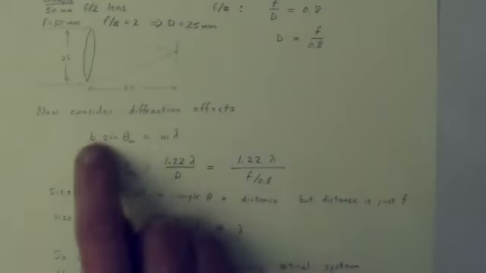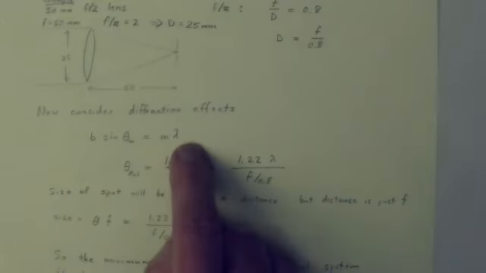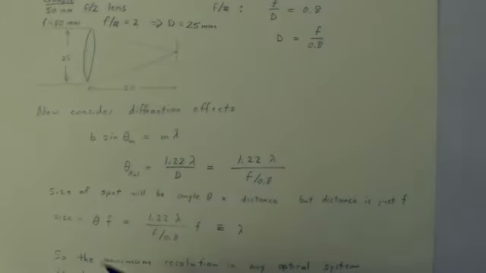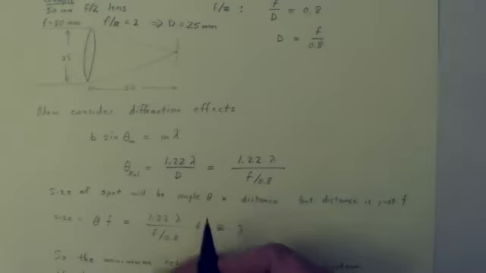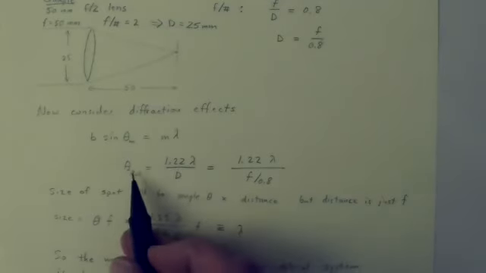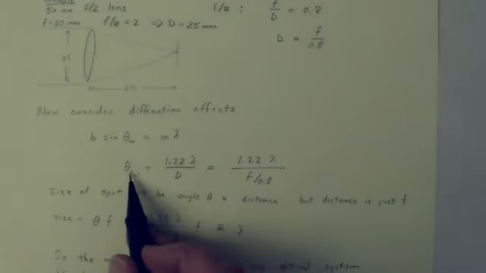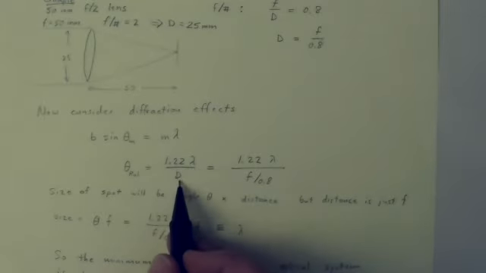So then, just looking at diffraction effects, the basic resolution formula, this is the Rayleigh criterion right here, is that the angle between 2 points that you can just barely resolve is 1.22 lambda over d.